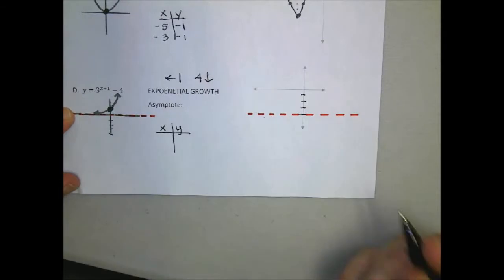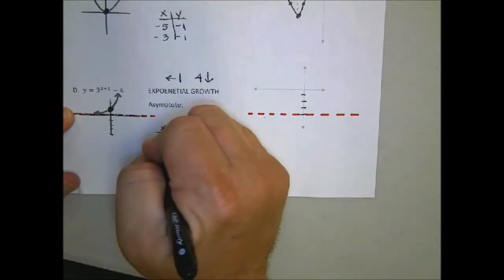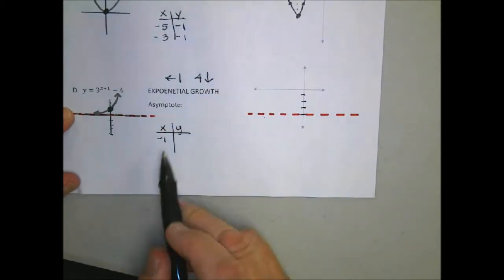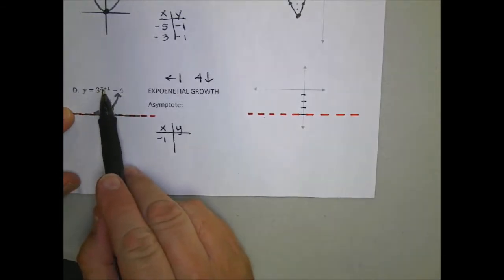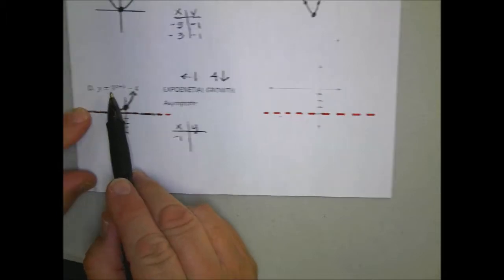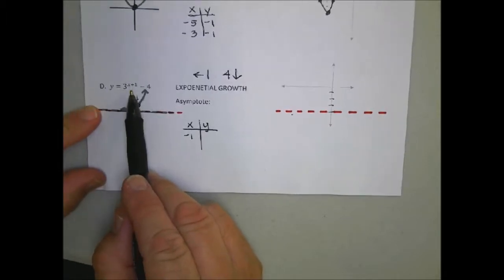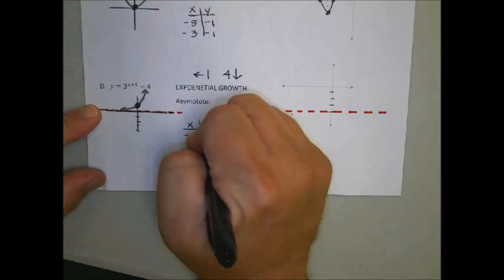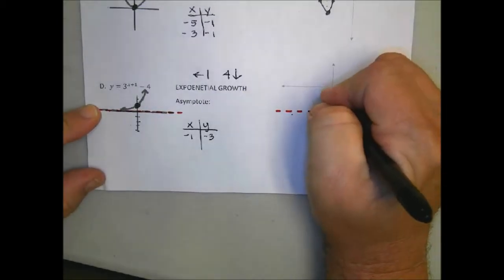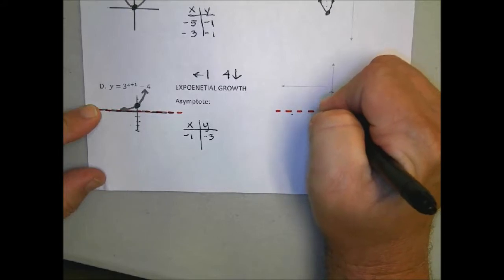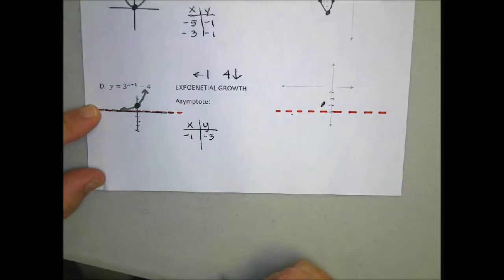And just to verify that, you could make an XY table. What if you plugged in -1 right here? Well, -1 for x. -1 plus 1 is 0. 3 raised to the 0 power is 1, because anything raised to the 0 power is 1. And 1 minus 4 is -3. So -1, -3 is where that key point moved to.